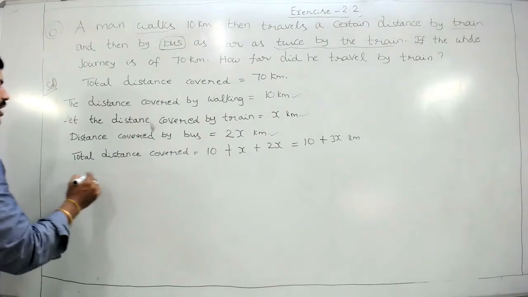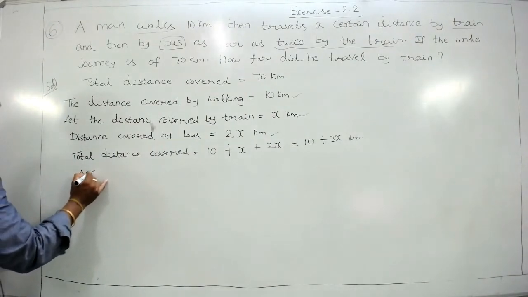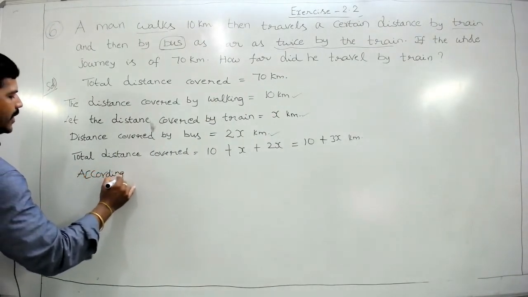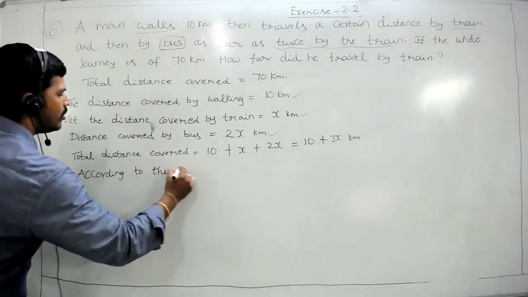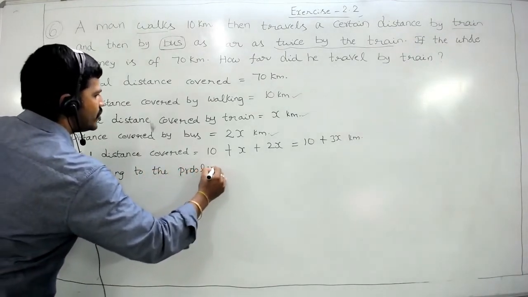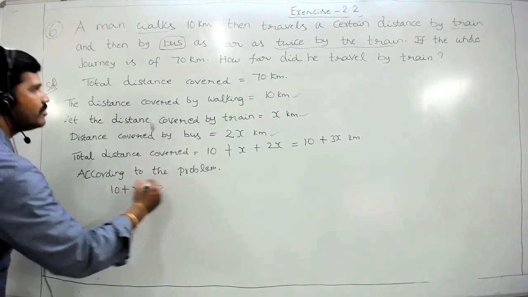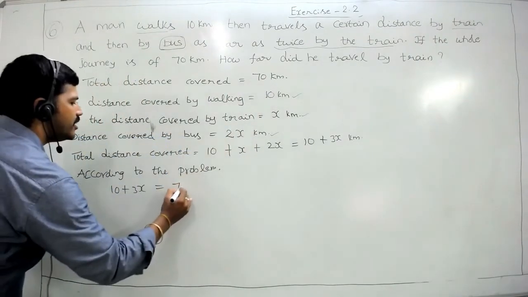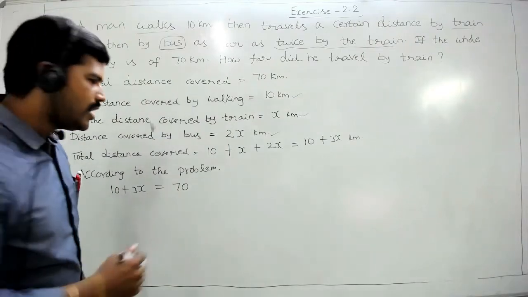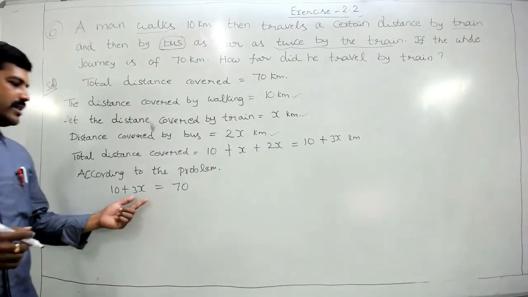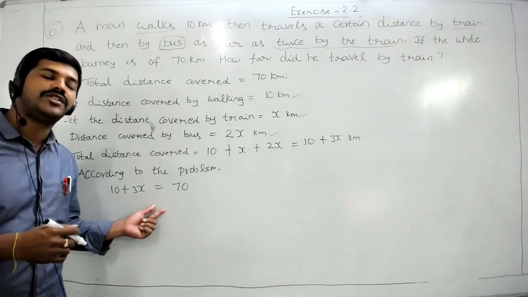So according to the problem, 10 plus 3x is equal to 70. Now we got the simple equation.